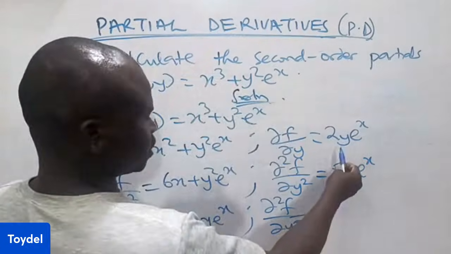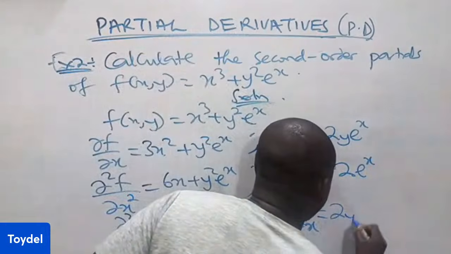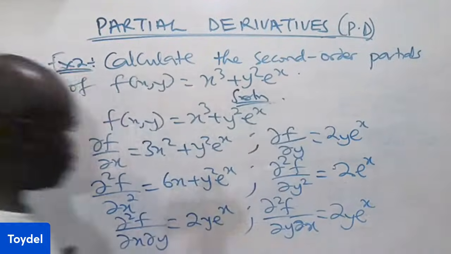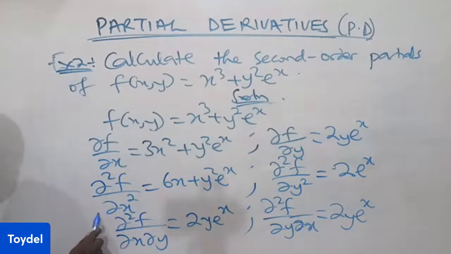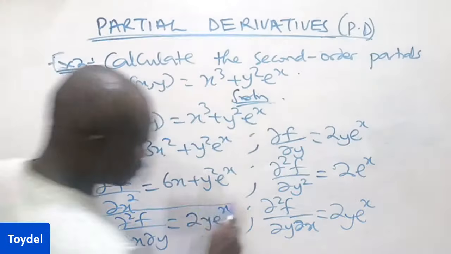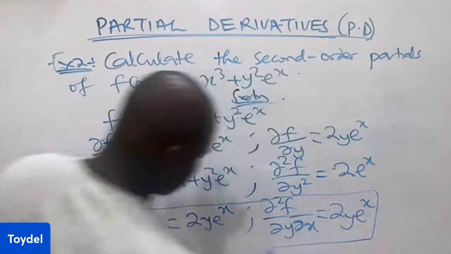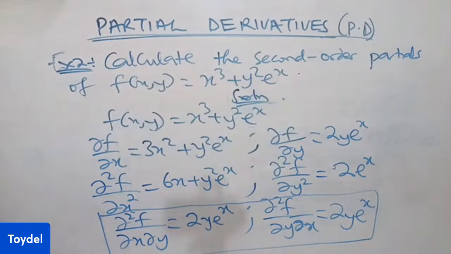This is going to give us 2y e^x. Let's take note that by that theorem, the second partial of f over dx dy is the same thing as the second partial of f over dy dx. So please let's take note. It is very important. That Clairaut theorem is very important.